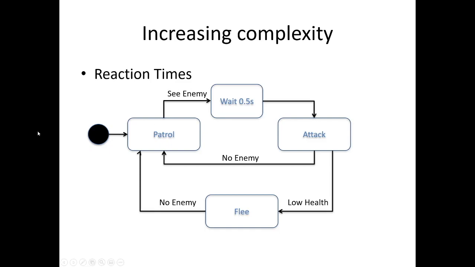Instead, if we have a pause state in some sense, so we sit here and wait for half a second before we move on, when we see our enemy, it actually will look like the enemy has sort of been surprised by us, right? So then they're reacting to us, and so it adds a little bit more. It's also possible that if we were doing animations, we could add in a surprise animation at this point, which takes around a half a second, and then moves into the attack. So just that gives a feeling of more human-like behavior, and actually gives the player a chance to deal with the fact that they've been seen, right?